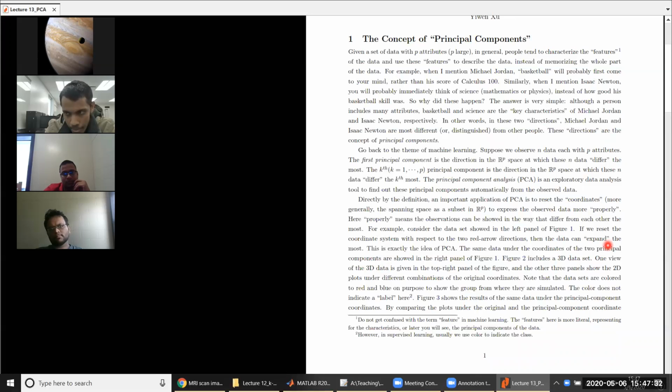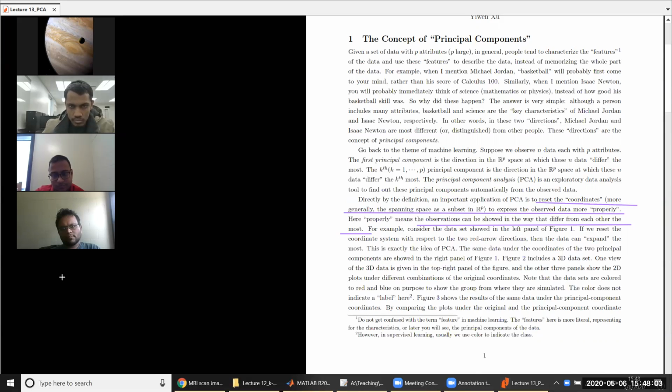I can rotate or switch these coordinates to a new system, which is composed of the k principal components. I want to reset the coordinates to express the data more properly. Properly here means the observations can be shown in a way that they differ from each other the most.